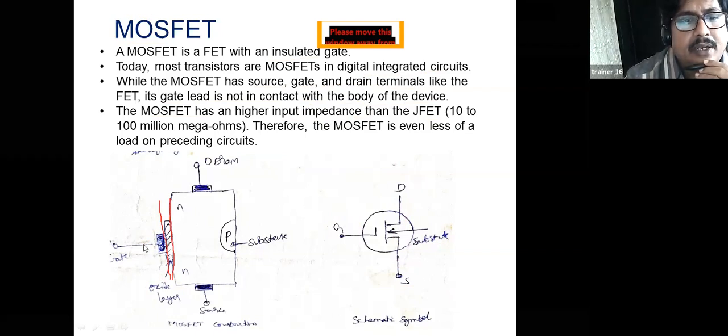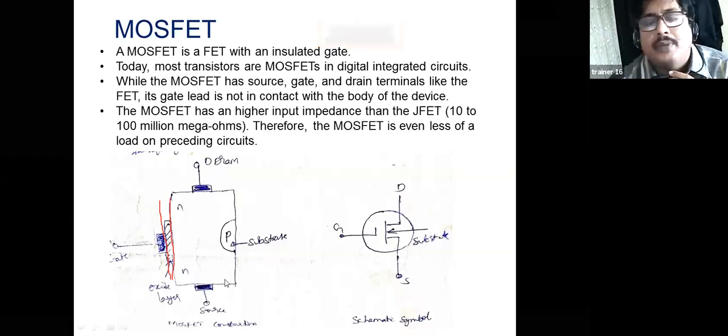The gate is mounted on the oxide layer, and this oxide layer is deposited on the plate of the N channel. Can anybody tell what this is? Post a message in the chat box.